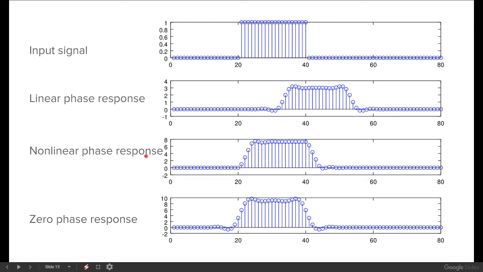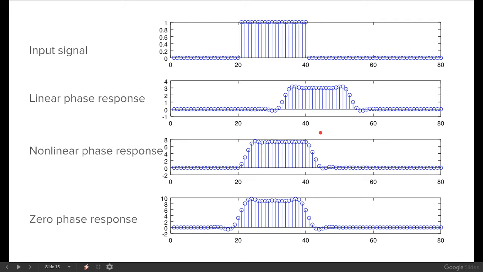But in nonlinear phase response, it starts skewing this signal, the response, because basically it has this overshoot after the pulse edge and never before. Nothing here, but yes, there it is.